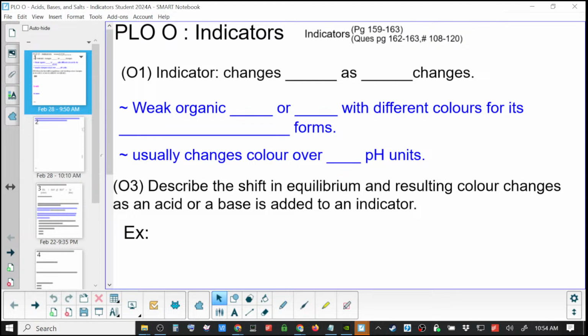Wait, Mr. Newfield, is this the last PLO before the test? There's PQR for acids and bases, and then we start redox. Will this be the last PLO before the test? Maybe, maybe not. We'll see.